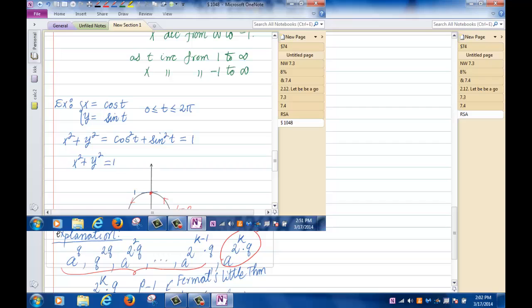What curve do I get? If I have 2t here instead of t, what curve do I get? Do I still get the circle? Yeah, because I still get x squared plus y squared is 1. No, radius is still 1.